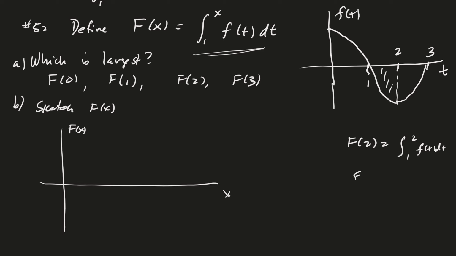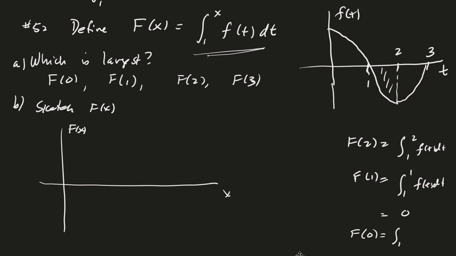What is F of 1 in this graph? Well, using our definition, that's the integral from 1 to 1 of f of t dt. And how big is that? Did you say 0? Yeah, because the integral from 1 to 1 is going to be 0. And so what is F of 0 going to be?